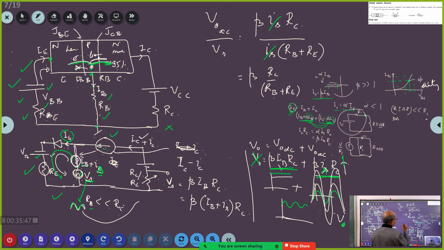Now let me explain this to all of you. Here beta is greater than, not very much greater, just greater than 1. Take beta is greater than 1. Now if you make RC also greater than RB plus RE, are you with me? So this whole quantity will be greater than 1. Got it?